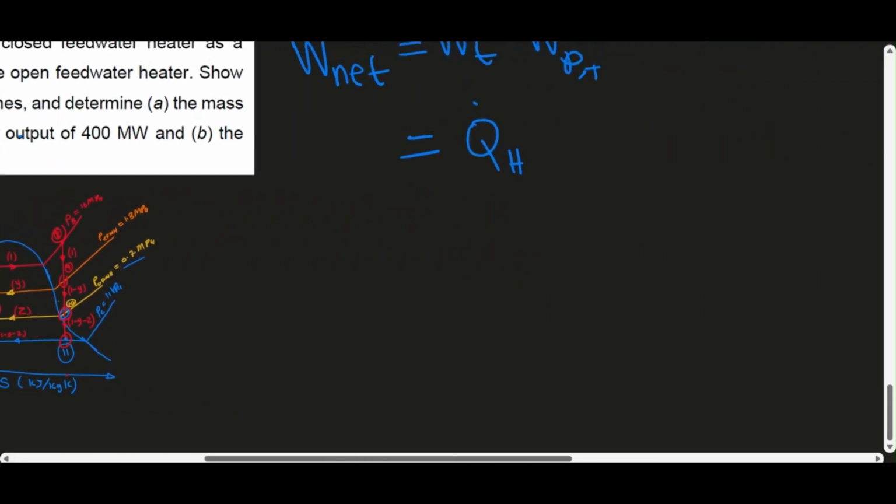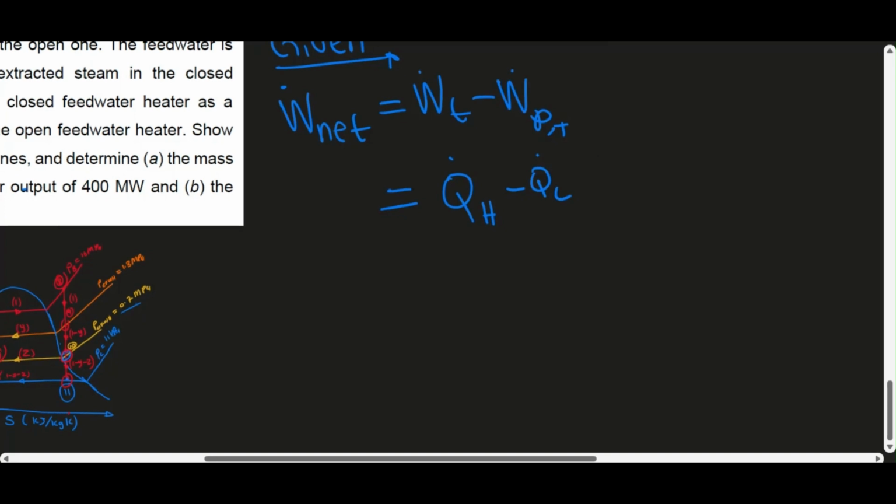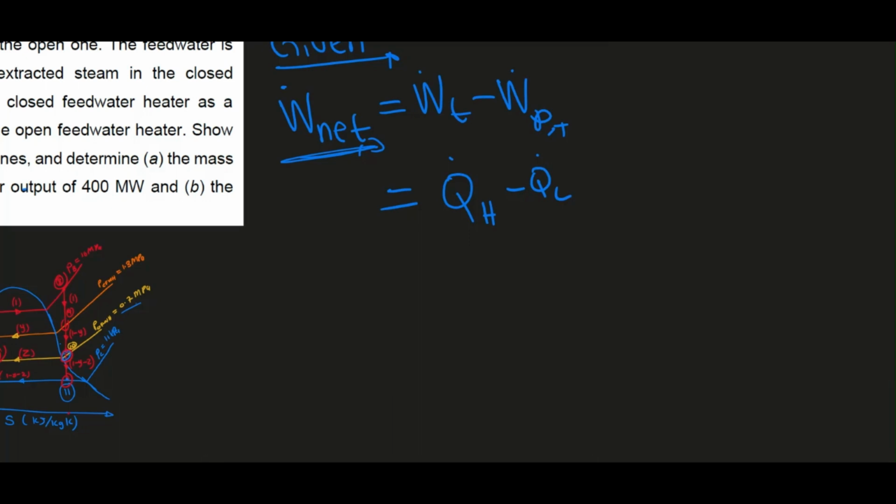Q dot H minus Q dot L. Yeah, so I can use either of these to get the m dot that we're looking for.